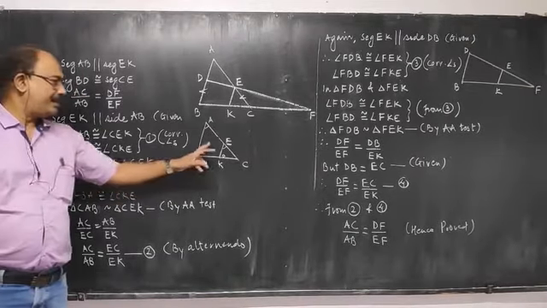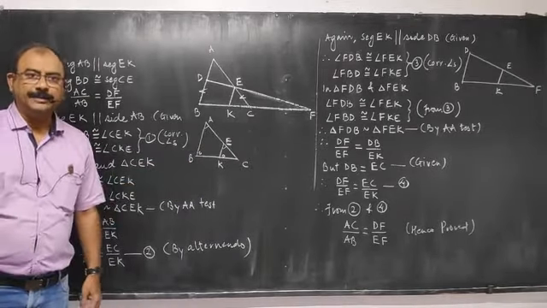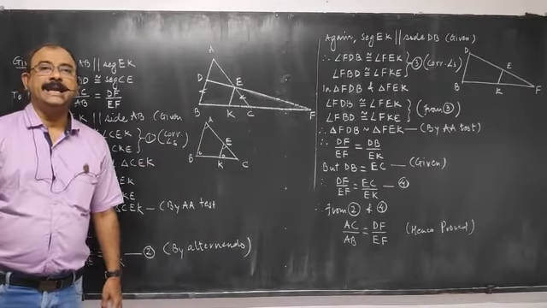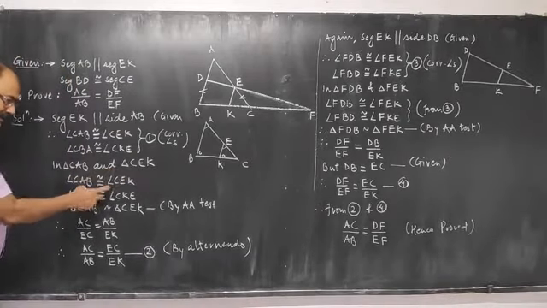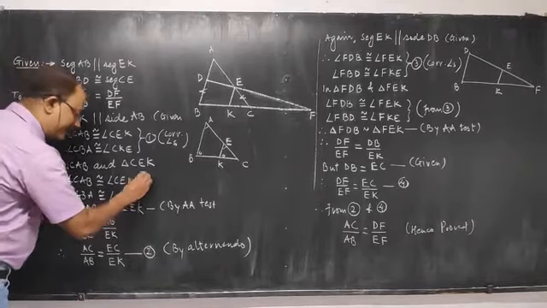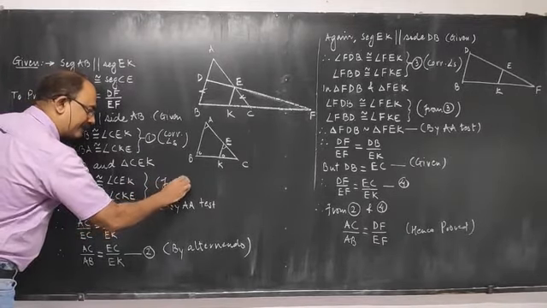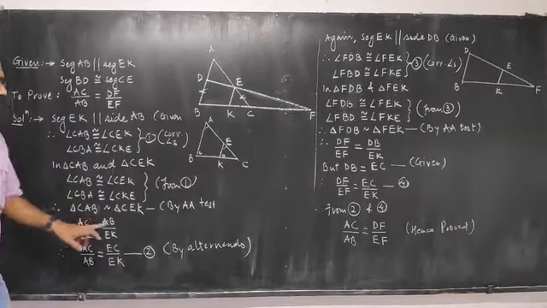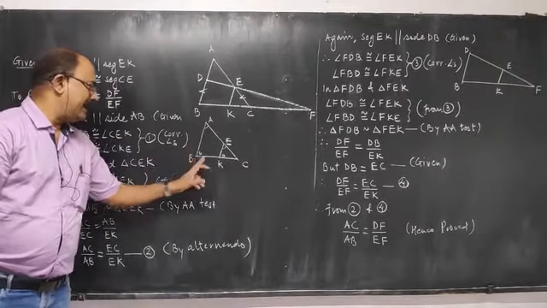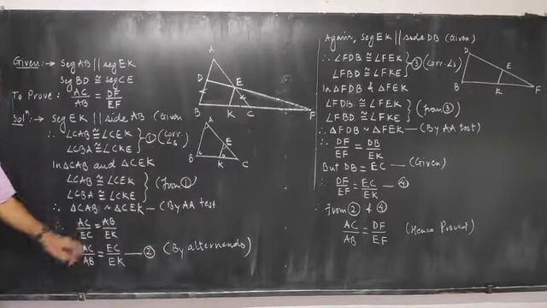And if these two pairs of angles are congruent, obviously the triangles will be similar by AA test. So in these two triangles, these two pairs are congruent. From where did you get this? From equation 1. And therefore these two triangles CAB and CEK are similar for the same correspondence.